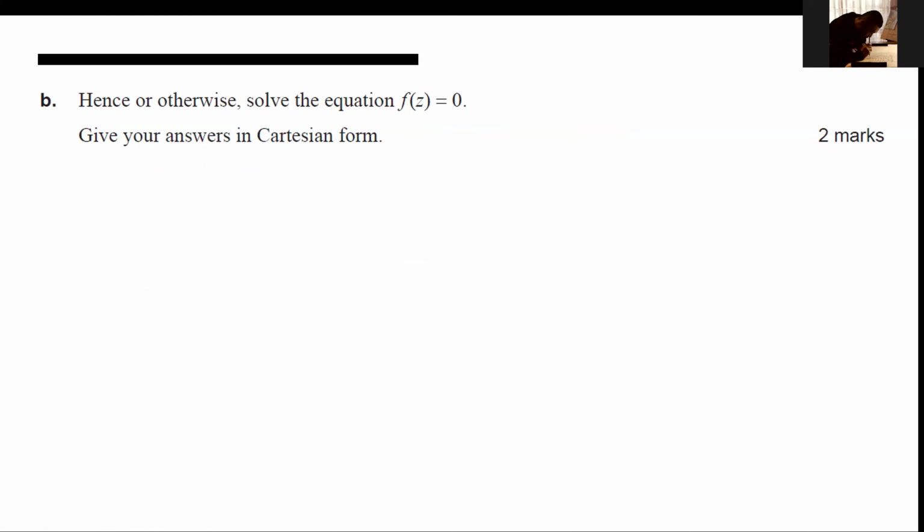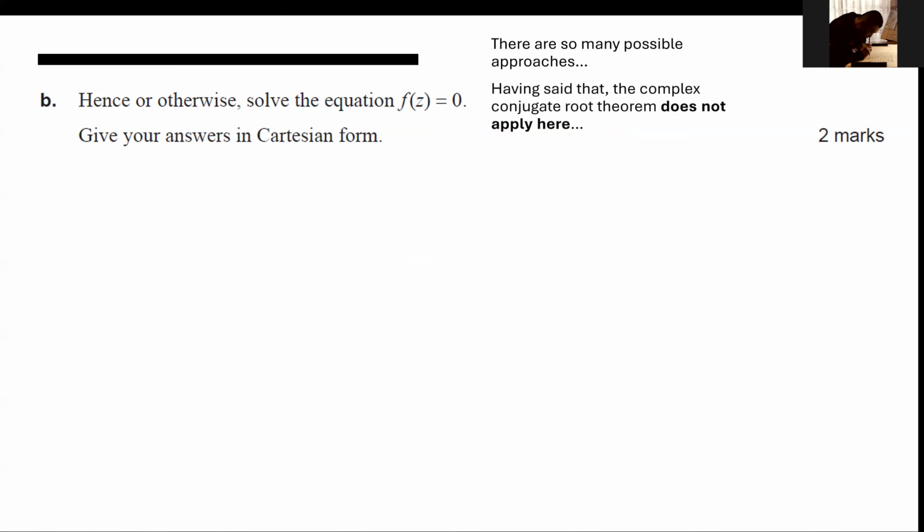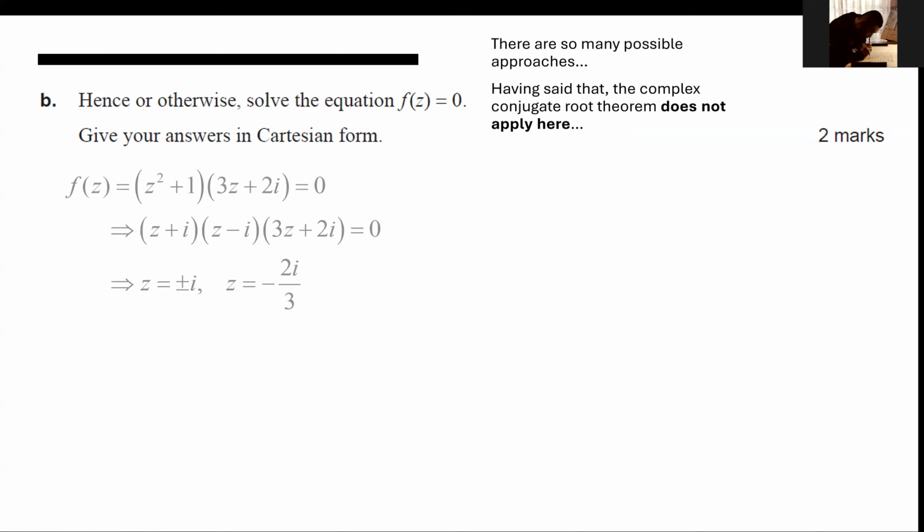And part B, hence or otherwise, we want to solve the equation f(z) equals 0 and give your answers in Cartesian form. There are so many possible approaches, I must admit, but having said that, the complex conjugate root theorem does not apply here, or at least we should not apply the conjugate root theorem to the minus 2i over 3, because you can see the equation does not purely have real coefficients. There is a 2i component, even though we can get z squared plus 1 equals 0, and yes, this is a conjugate pair.